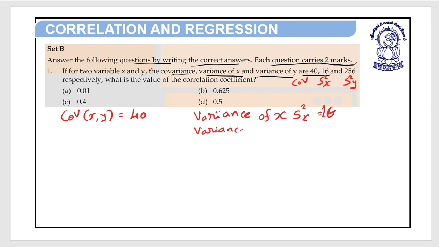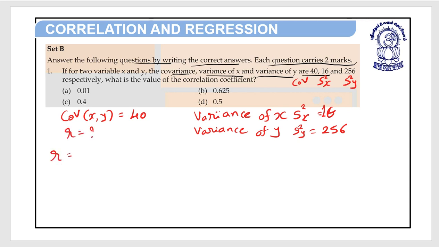Variance of y, s square y is given 256. Okay. So find out the correlation coefficient. So we have to find out the R.